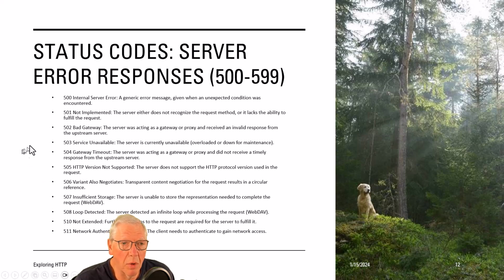I've seen that before. Service unavailable, bad gateway, things like that. So these are error codes. And the idea here is that as you're using tools to look at a website, you're checking it for vulnerabilities, for example, vulnerability analysis, things like that. You might get some status codes back from the server, and you probably should know what they are and at least where to go to look at them.